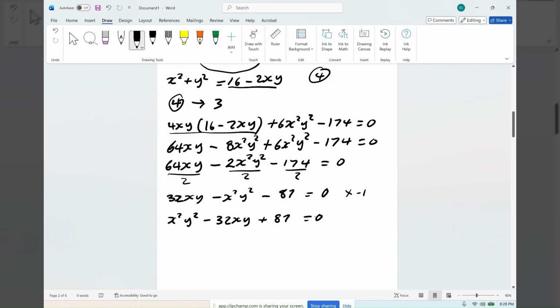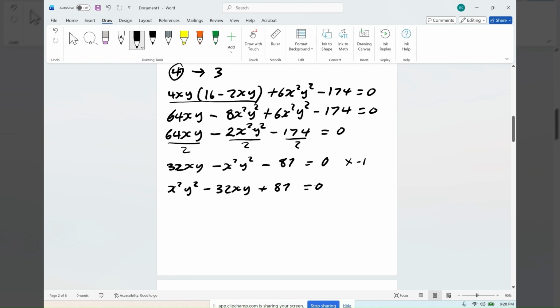We can see that this could be factorized, so let's go to 87. The factors are 87 and 1, and 29 and 3. We know that 87 and 1 can add up to 32. So we want to find the product of 87.